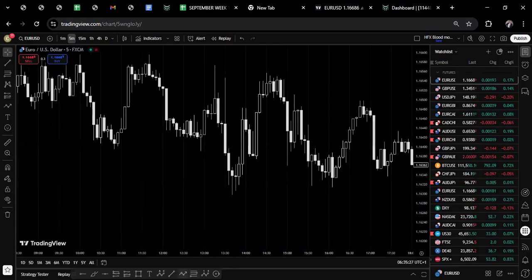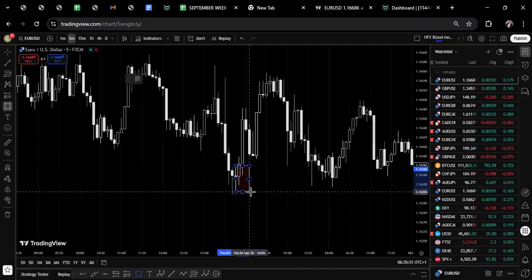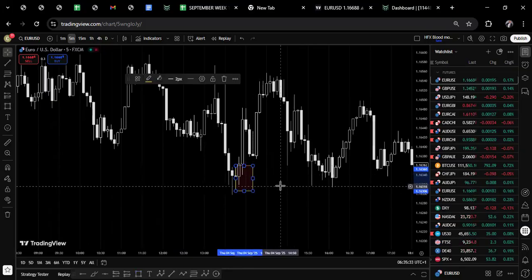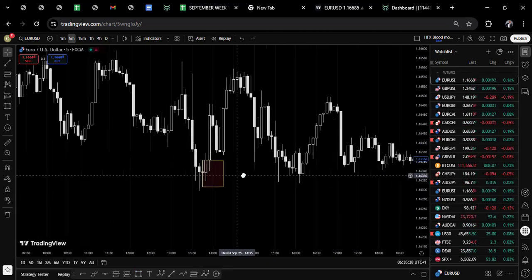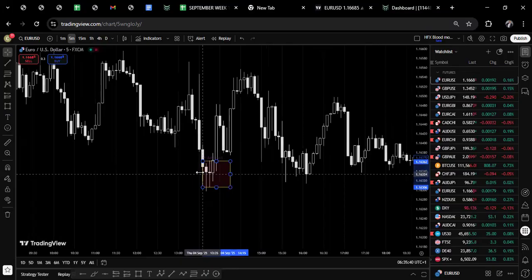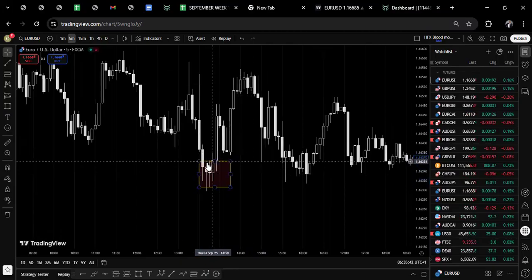So my focus is just here, on this candle. If the market breaks above, boom, that's my opportunity.